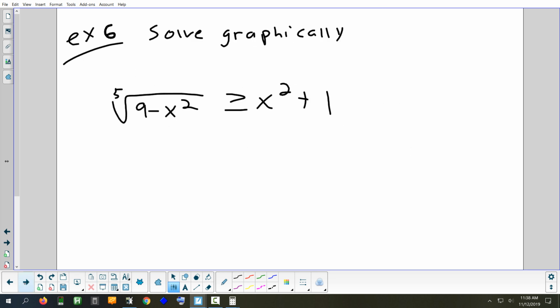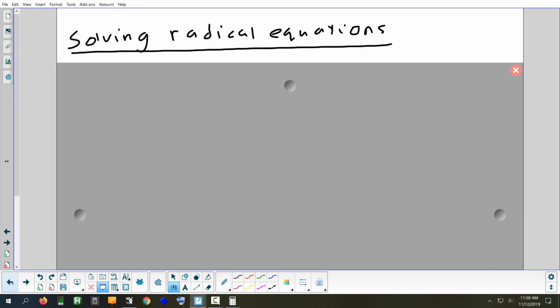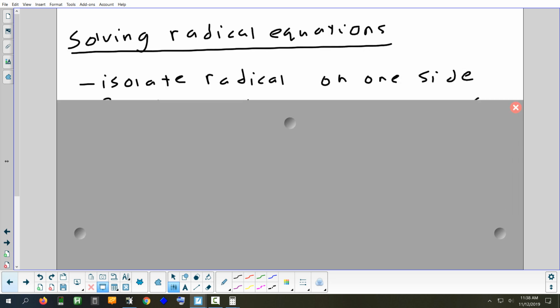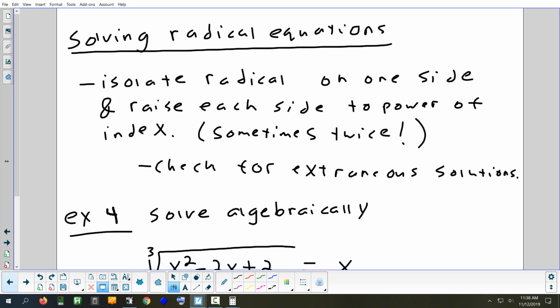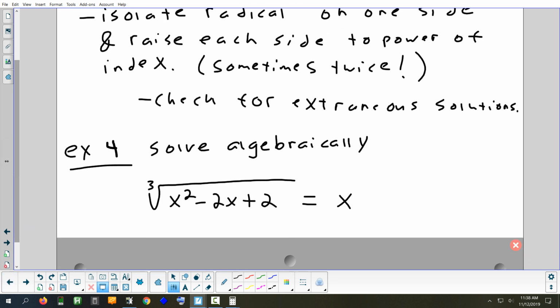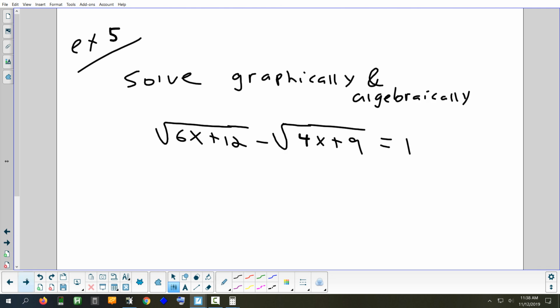Okay, so last thing we're going to look at is solving some radical equations. The more radical equations you have, or the more radicals in the equation, the more of a problem it's going to be. Okay. Just to show you guys an example, that's an equation with 1 radical. That's an equation with 2.